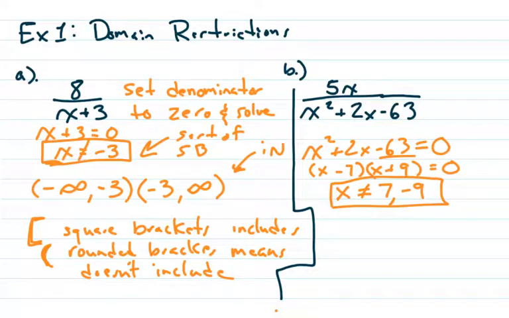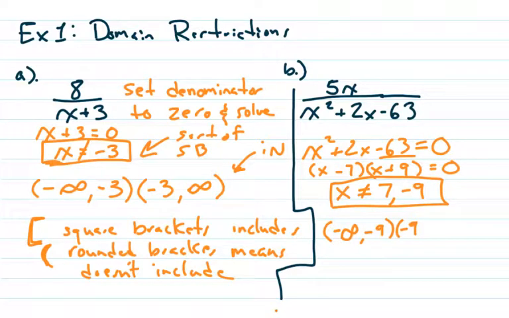Or we could write it in this interval notation. The domain of this expression is, this is going to be a long one. Let's see if I can write it small. Negative infinity to negative 9, not including negative 9. And remember, you never include the infinities. They're always rounded brackets.